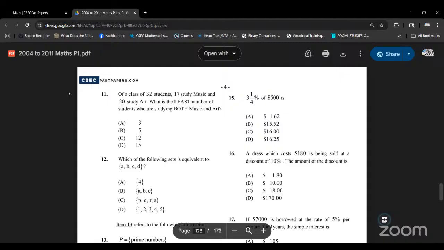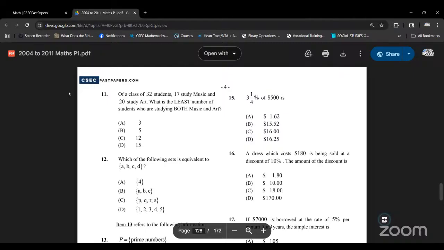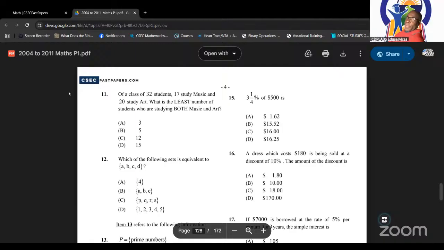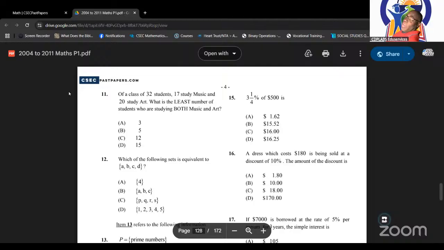1%. Exactly. See, you're thinking 1%. So 1% of 500 is how much? How much you get? Let me get 5. So if you find 1%, you can find 3/4%, you see?